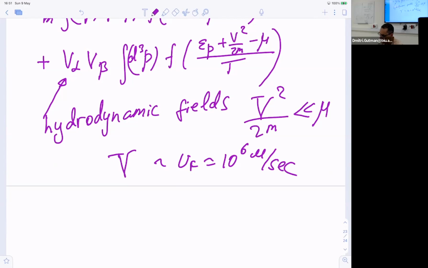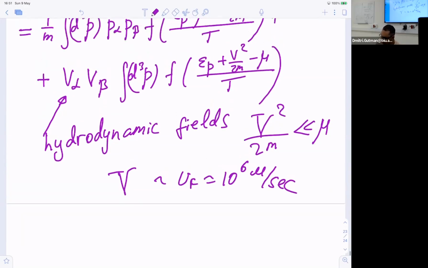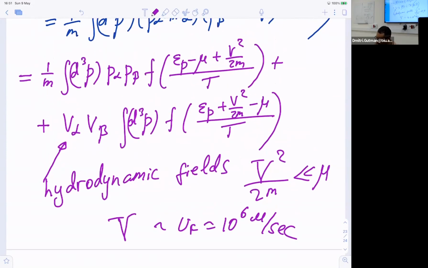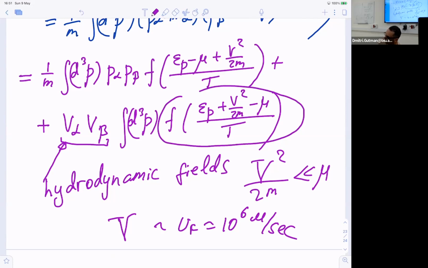Okay, let's just do the simplest limit first, because it's already sufficiently interesting and complicated. So it means that we generated something which is already second order in hydrodynamic velocities. Of course we can now take this function and Sommerfeld expand it in hydrodynamic velocity further, and this will generate terms that are v in the power 4.